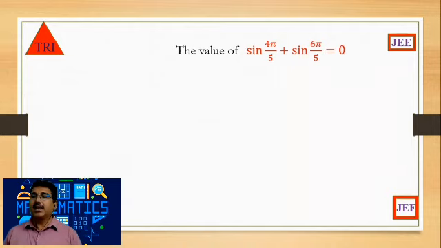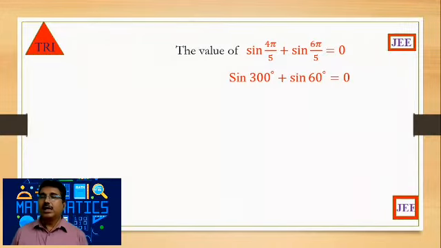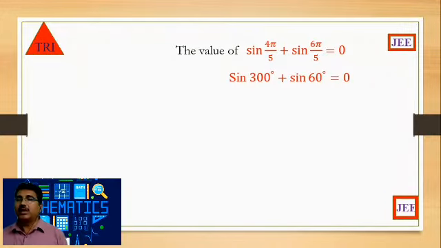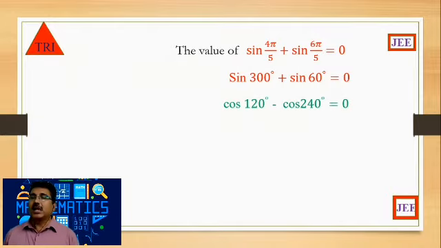Similarly, sine 300 degrees plus sine 60 degrees is equal to 0. Now, what is the value of cos 120 degrees minus cos 240 degrees? Here, A plus B is equal to 360 degrees, so cos 120 degrees is equal to cos 240 degrees, so cos 120 degrees minus cos 240 degrees is equal to 0.